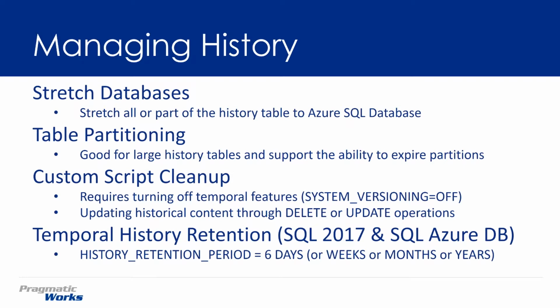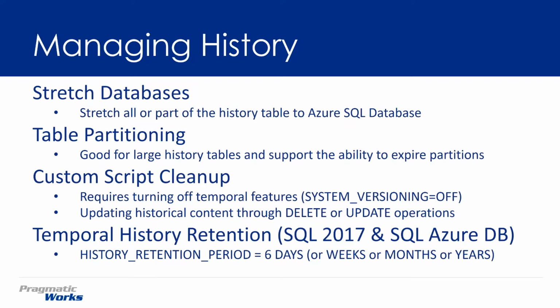If that occurs a lot, or you have some of those scenarios where you're constantly touching the data, now you have a huge history table, which is really not that helpful because it doesn't reflect real changes. You can actually go through and custom clean it up. What I would definitely recommend is handle with care, because the first thing you're going to do is turn off system versioning.